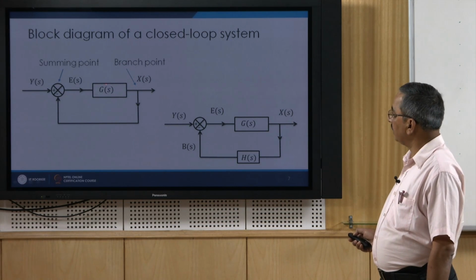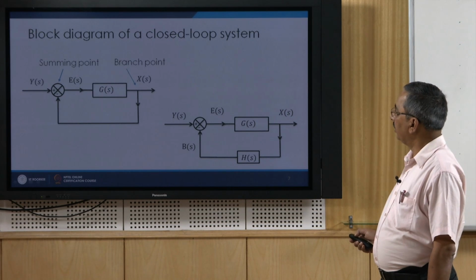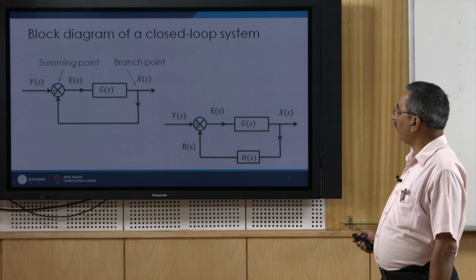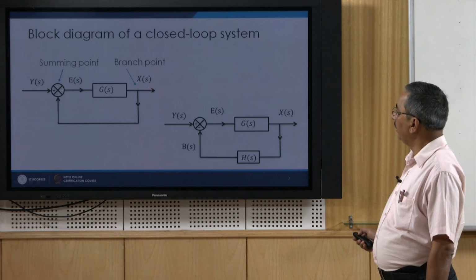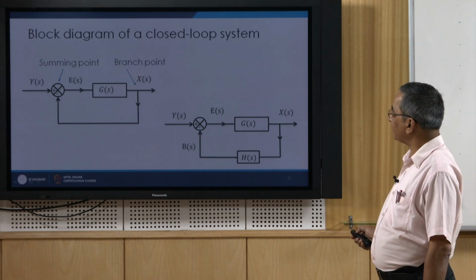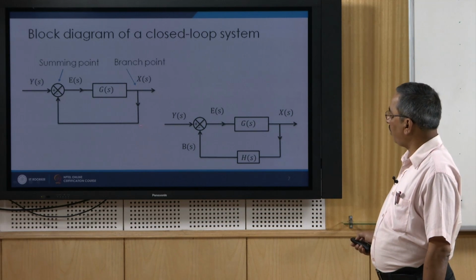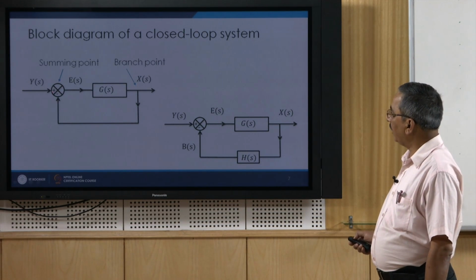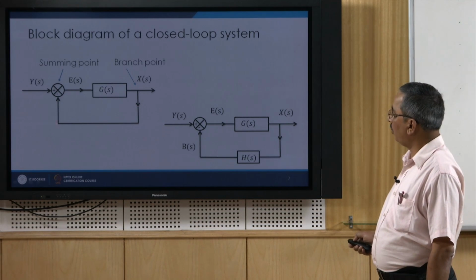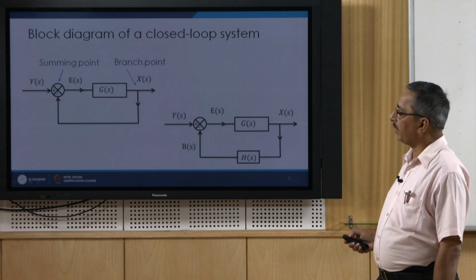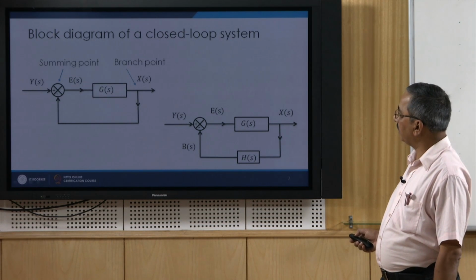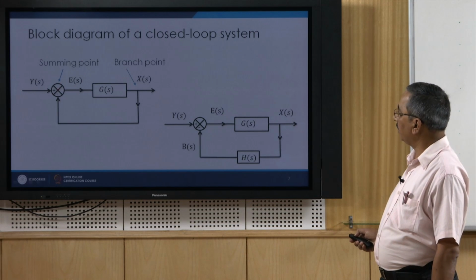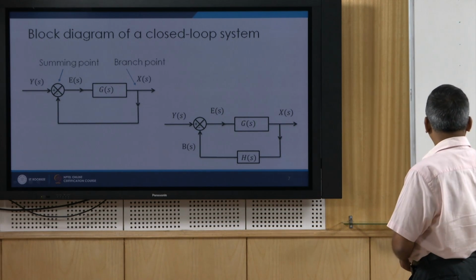The transfer function here is say Gs. Then what we do is, through this branching point I take the same signal Xs from here, and through a summing point here I subtract this output signal from the input signal. So, here I get the error signal Es, which is nothing but Ys minus Xs.